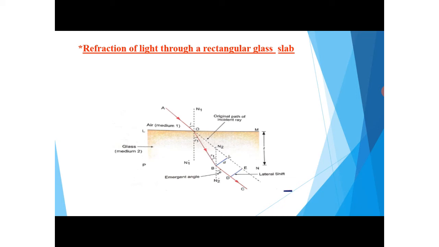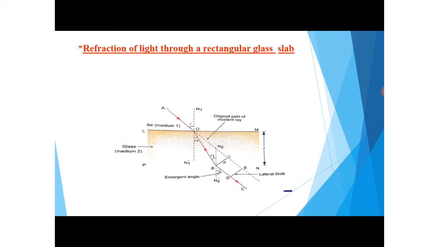Okay, so now what we are observing is that AO is the incident ray, OB is the refracted ray, and BC is the emergent ray. i is the angle of incidence, r1 is the angle of refraction, and e is the angle of emergence with which the light ray is coming out of the glass slab.